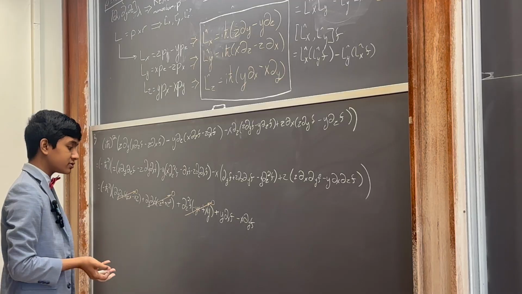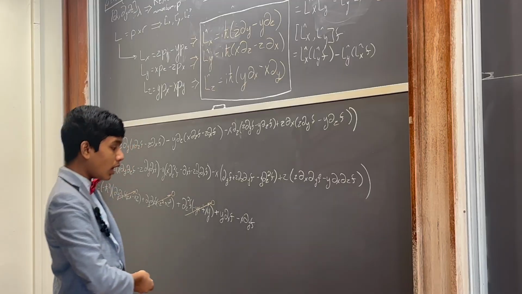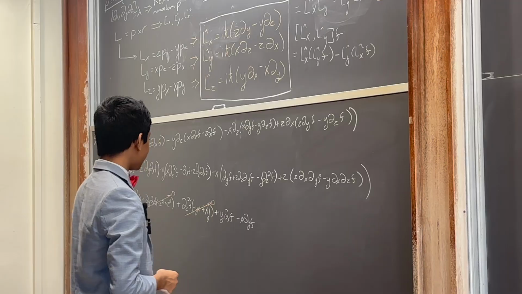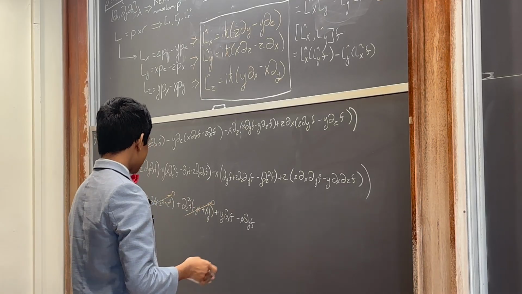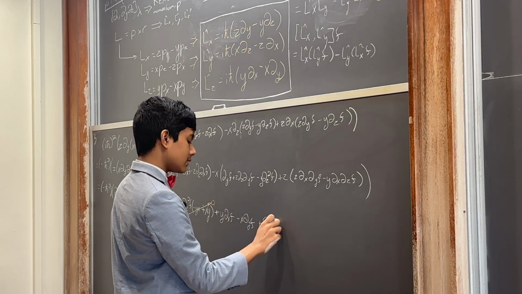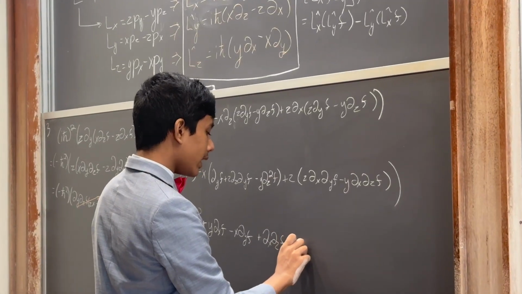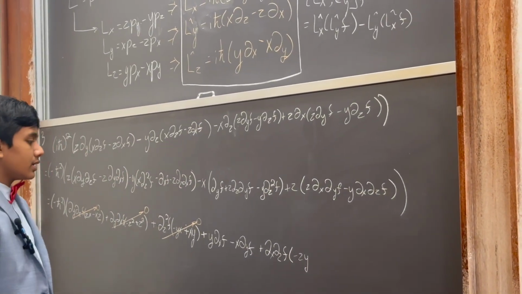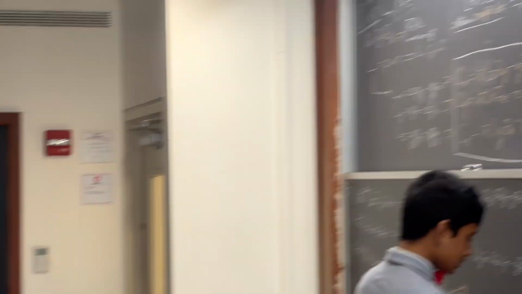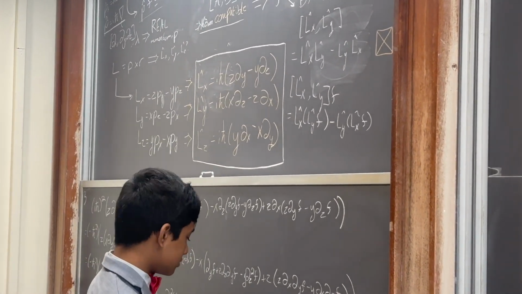You will also see the partial z squared f, but we already worked with that. Here you will see the partial x partial y f, but we already worked with that. The only thing left is the partial x partial z f, which I skipped over earlier. So you get plus partial x partial z f multiplied by, as you can see here, a minus zy coefficient. But earlier, there was a minus y times minus z, which is a plus yz coefficient, which means this is also 0.